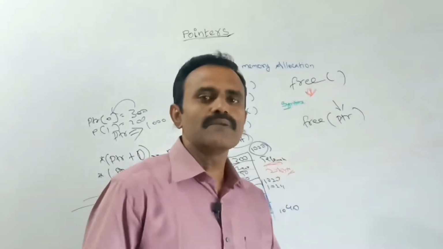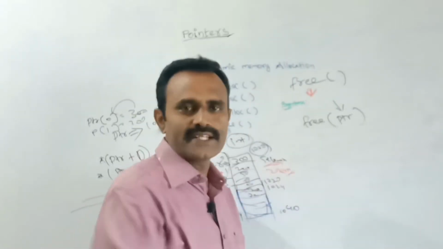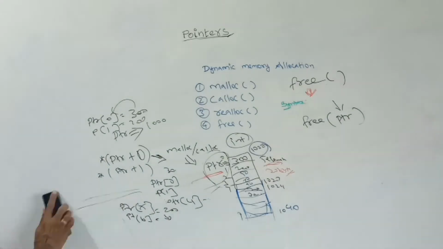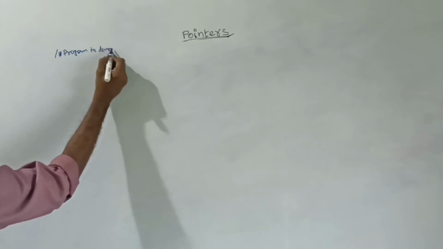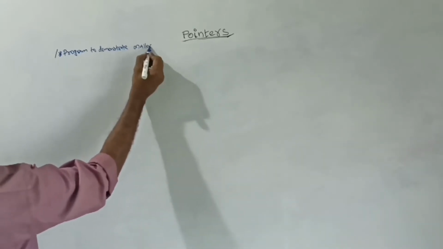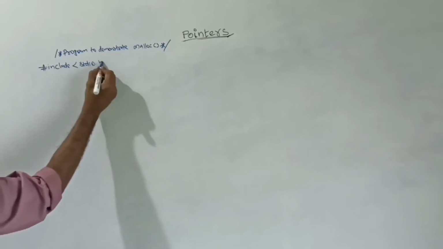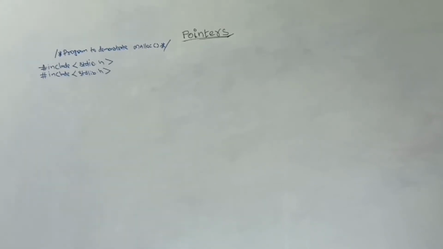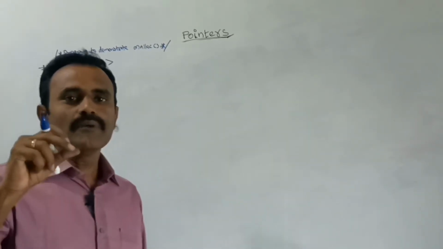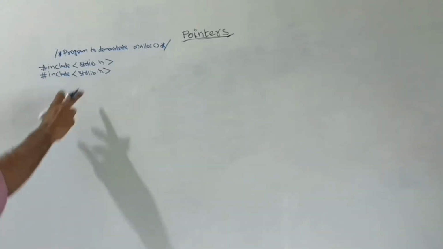See, now let us see a simple program, how to implement dynamic memory allocation by using these functions. Here we are using the standard library header, that is stdlib.h, because the dynamic memory allocation functions malloc, calloc, realloc and free are inside this header file stdlib.h.